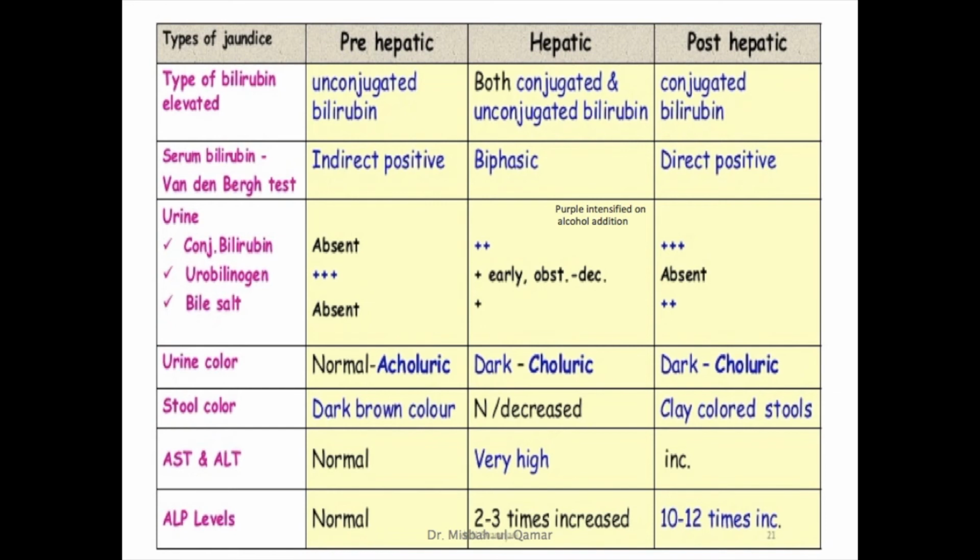In cholestatic jaundice, the hyperbilirubinemia is of conjugated type, and here the liver function tests are definitely abnormal.